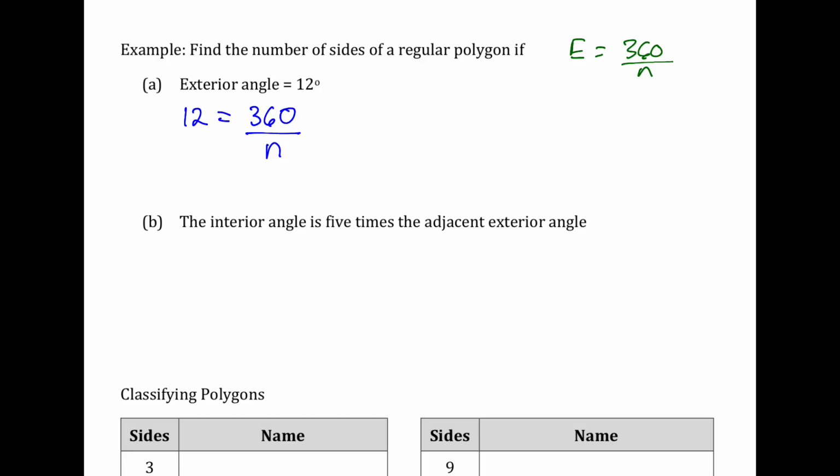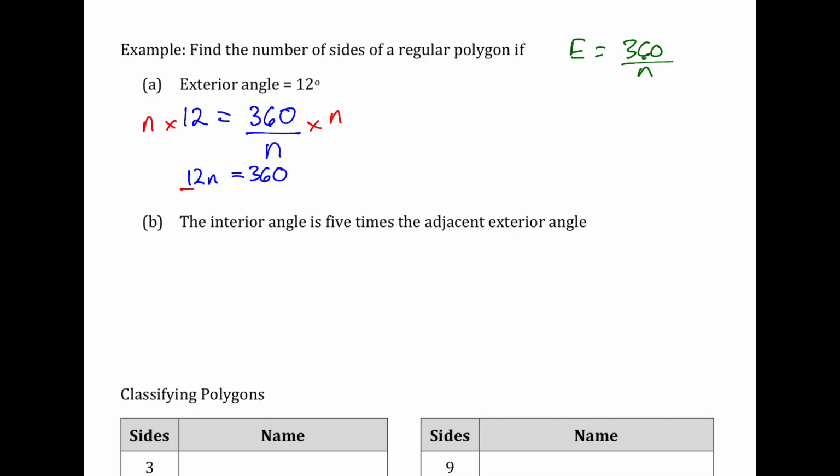What do I do with my algebra steps? You following kind of the stuff I did before? What math step can I do first? I've got to move N first. So I'm going to multiply by N. So I get 12N equals 360.